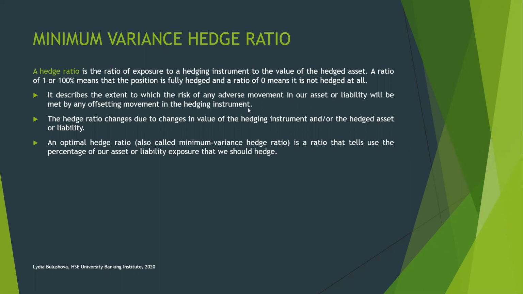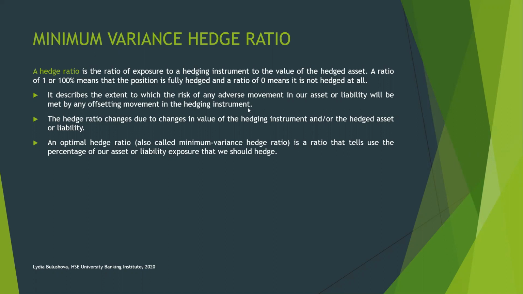The optimal hedge ratio is called the minimum variance hedge ratio because of the equation that gives rise to it. The minimum variance hedge ratio tells us what percentage of our asset or liability exposure we should hedge.